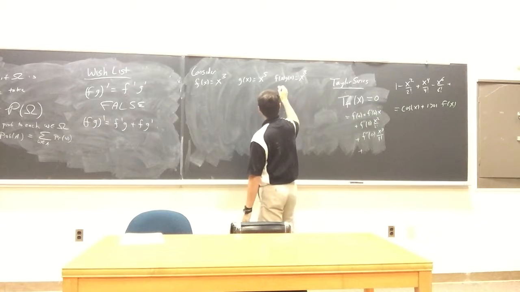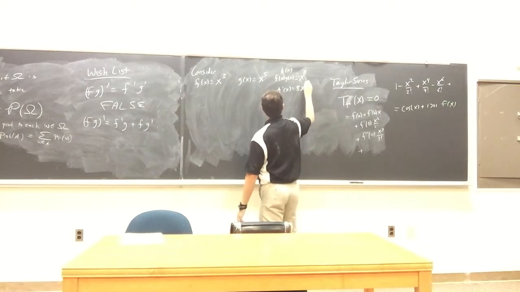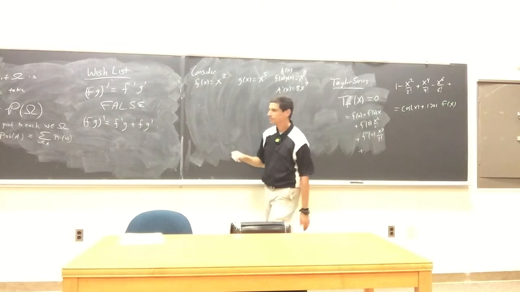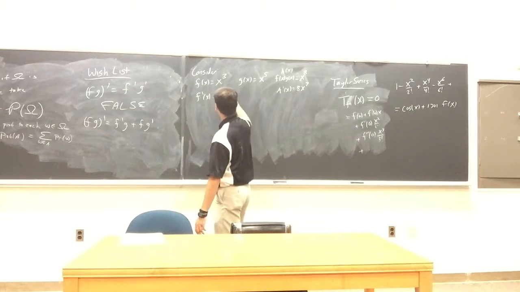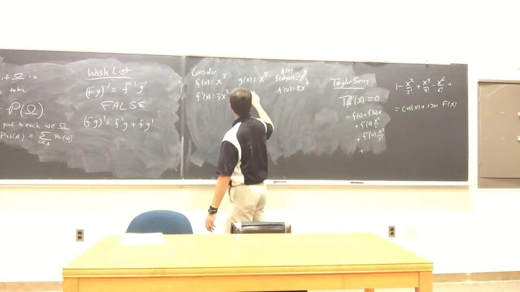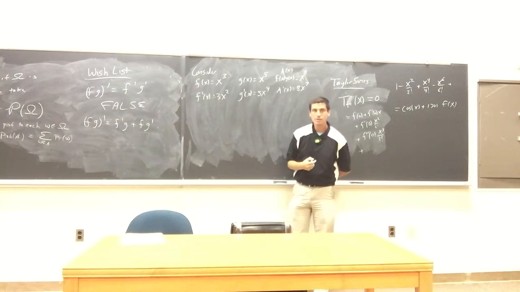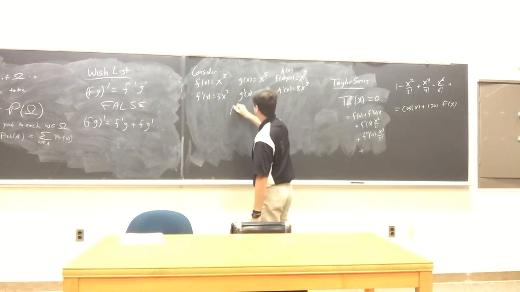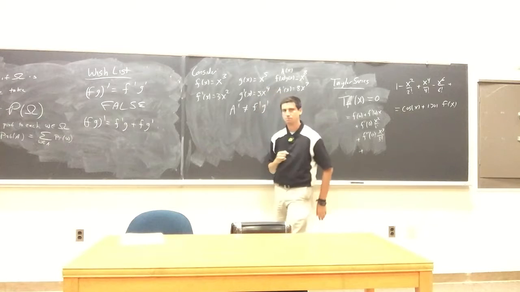We can calculate, let's call this function a(x). a'(x) is just 8x to the 7. f'(x) is 3x squared. g'(x) is 5x to the 4th. And so we can see immediately a' does not equal f'g'.